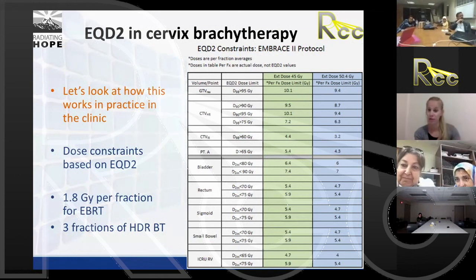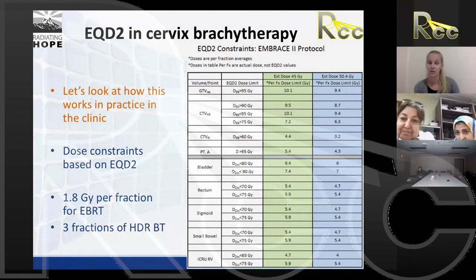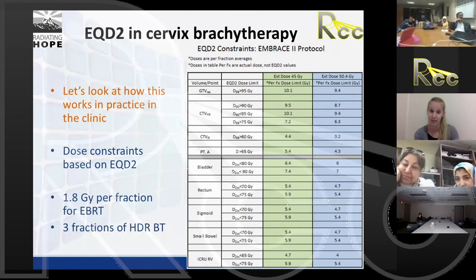So there was Retro EMBRACE, which was the first study where they looked retrospectively at data. There was the first EMBRACE study, where they started gathering data, but it was a non-prescriptive type of study. And then the EMBRACE-2 study is actually very prescriptive. They're telling participants what doses they should be giving, both for external beam and for brachytherapy.